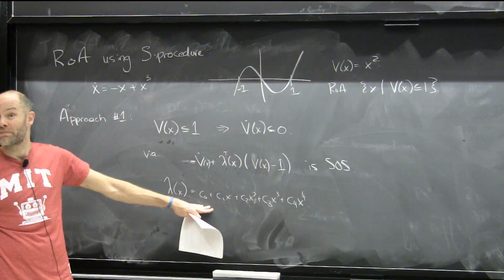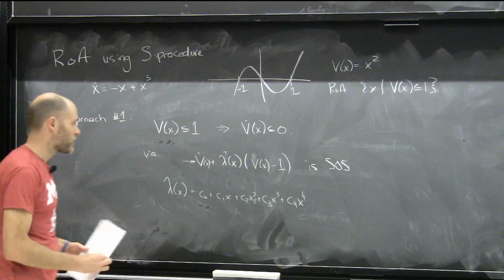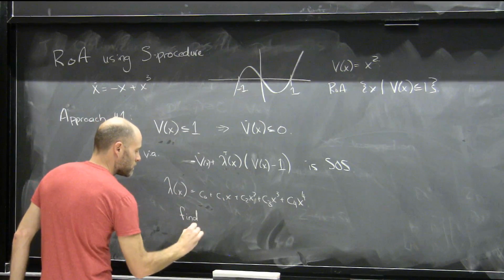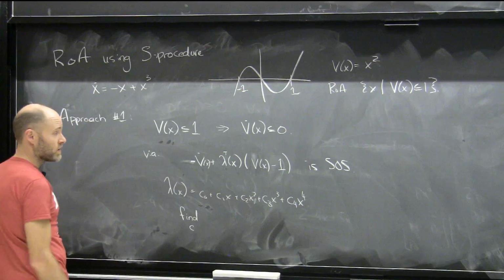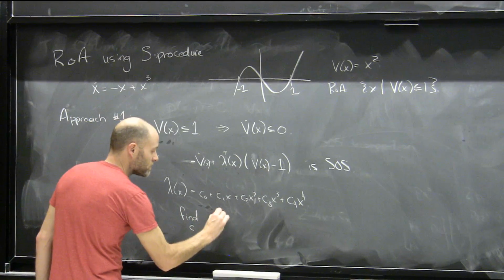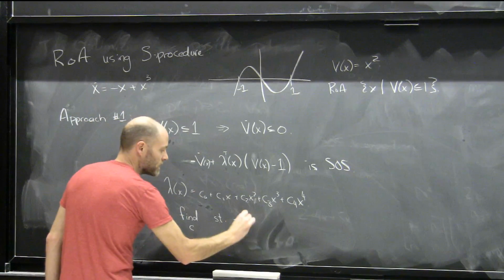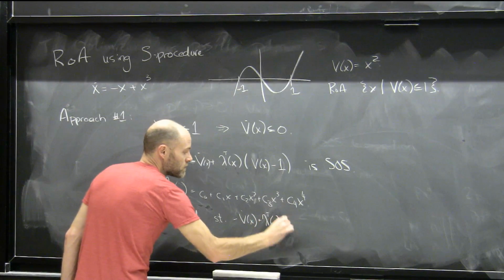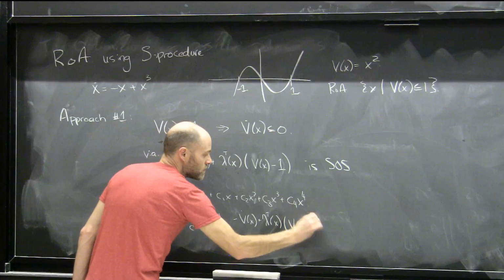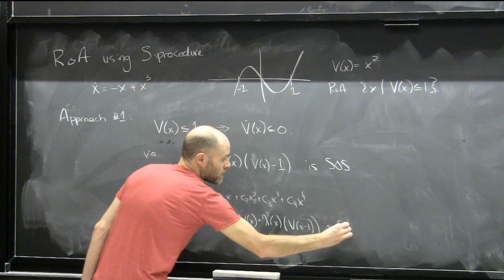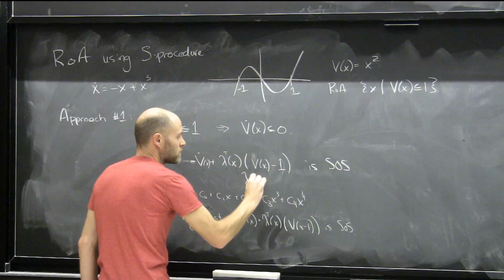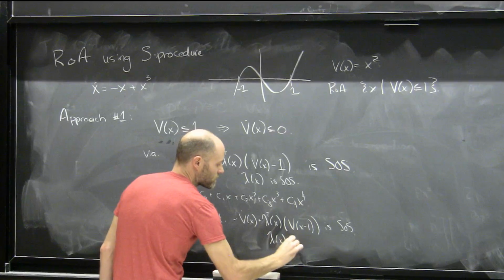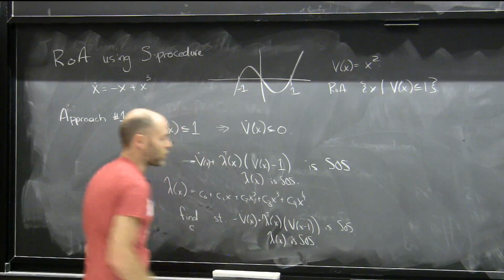I don't know what c's are going to be to prove it. And then I'm going to say, find me some variable c subject to that constraint, negative v dot. And I need this lambda of x to be sums of squares too, because that's the inequality version of it.